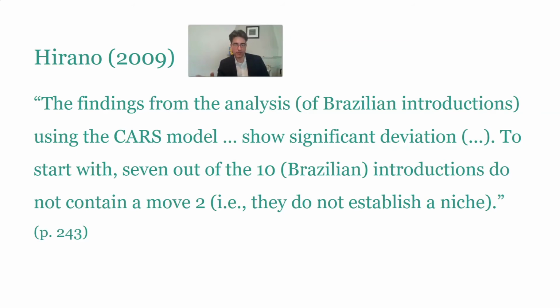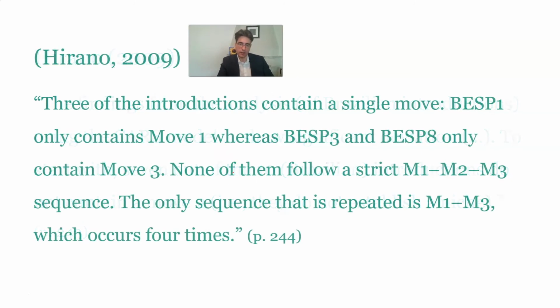In other words, the majority of the introductions that she analyzed in a journal that was analogous to one published by a non-Brazilian publisher did not signal a move 2. Okay. 3 of the introductions contained, in fact, only one single move.